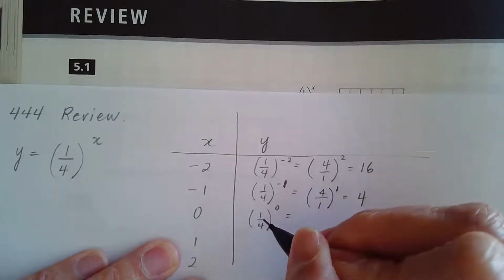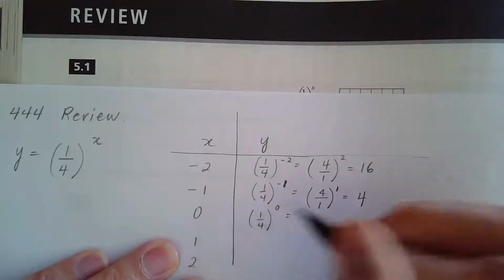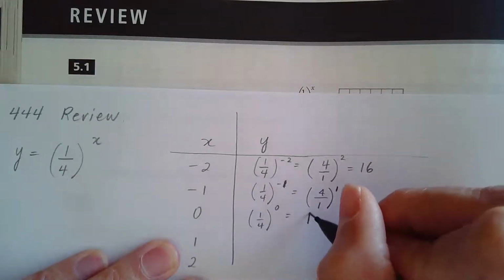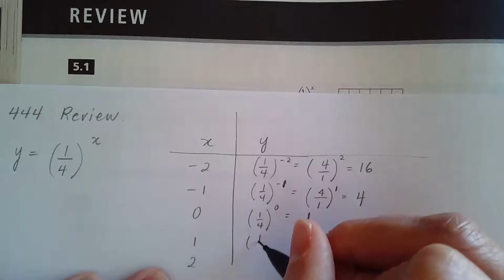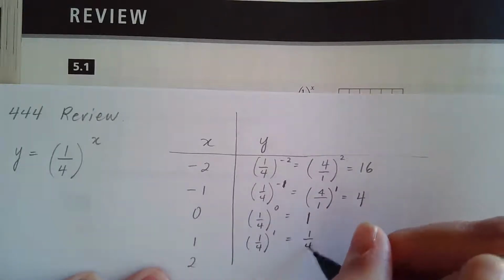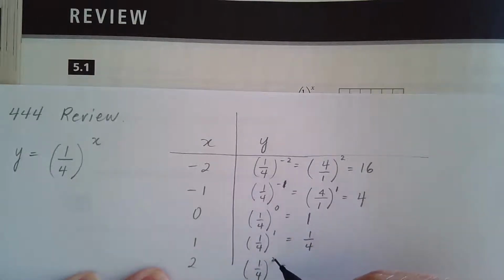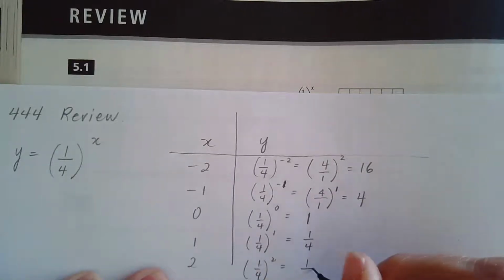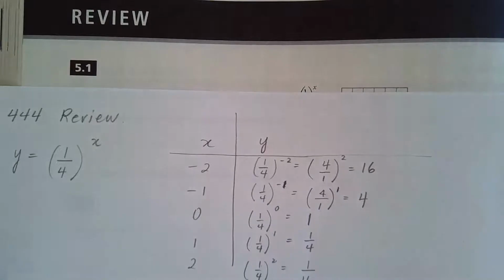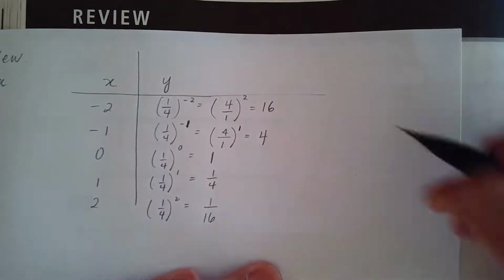We said earlier that anything to the power of 0 is 1, so that one's easy. And (1/4)^1 is going to be 1/4. And then (1/4)^2: 1 squared is 1, and 4 squared is 16, so it's 1/16.